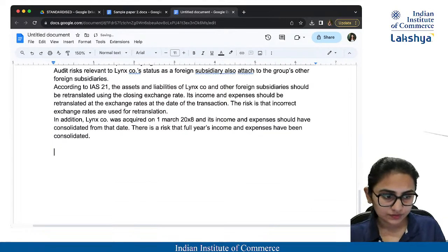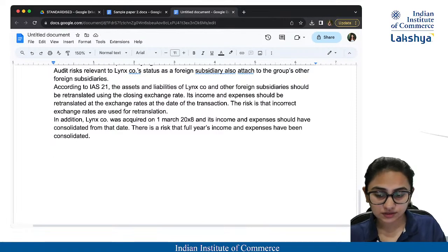Okay, then what else? Measurement of exchange gains and losses.